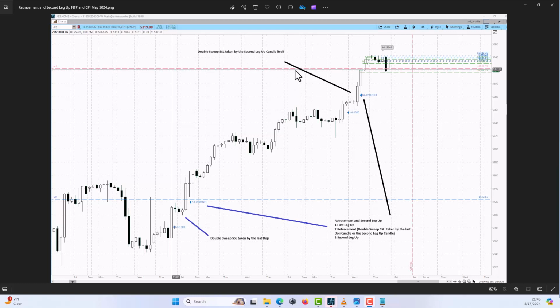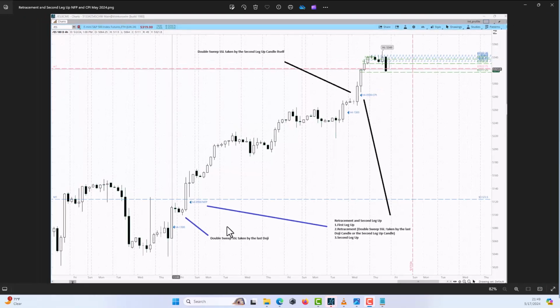So in this case the double sweep of sell side liquidity is taken care of by the second leg of the candle itself, but in this case it's taken care of by the last doji candle, which is right here, by the same setup. The next framework we're going to try to build is scenario number 2. So you have an expansion and you have retracement, and then it turns to a reversal. Yeah, we want to see how that happens.